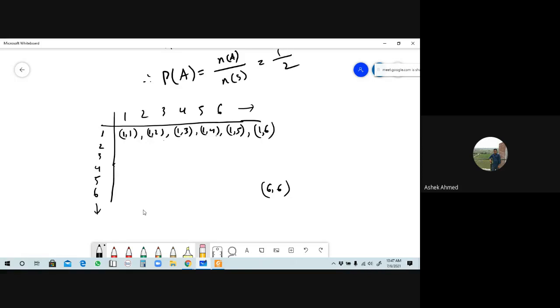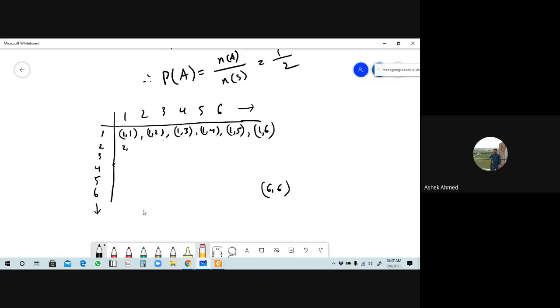Now tell me, from the first row, can you find the outcome with sum 7 with 2 dice? Yes, sir, 1,6. How many components here? Only one component. This is 1,6. Is it right? Yes, sir.